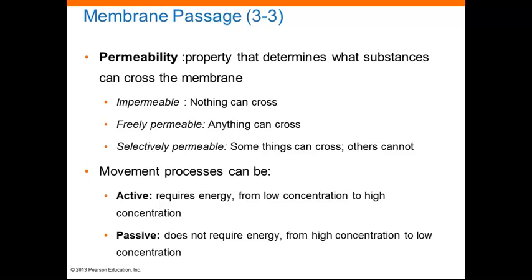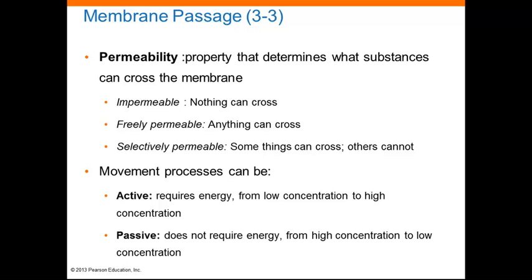Or perhaps the membrane's freely permeable, where anything can cross. So those are two different varieties of permeability. Our membranes are what we call selectively permeable, meaning that some things can cross the membrane while other things cannot. So it's selective about what crosses the membrane and what doesn't.